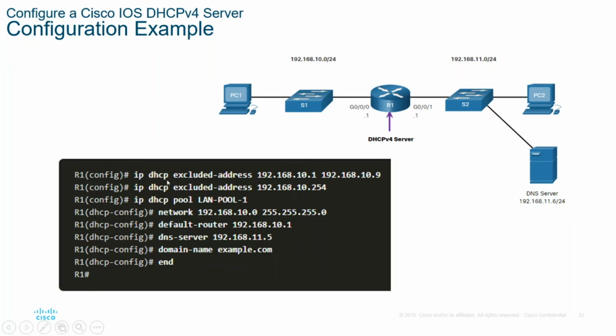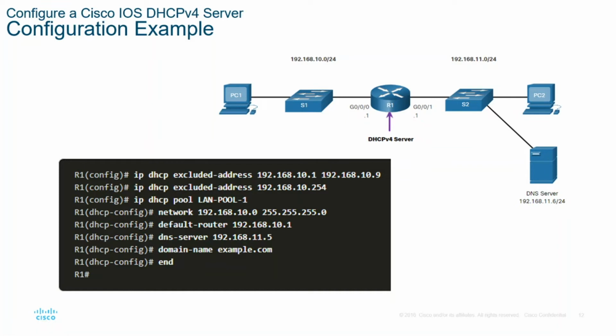First we exclude with ip dhcp excluded-address 192.168.10.1 to 192.168.10.9. So you exclude the addresses from 10.1 till 10.9, and the DHCP server will start releasing IP addresses from 10.10 to the clients.